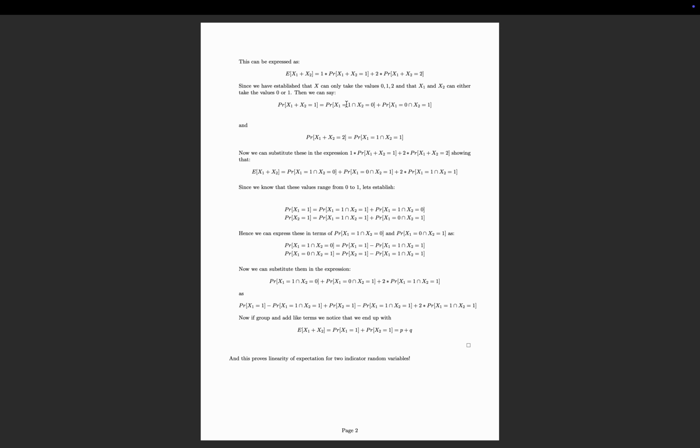Again, if x1 is 1 and x2 is 0, the sum of x1 and x2 gives you 1, and the same applies for here. So this is valid over here.